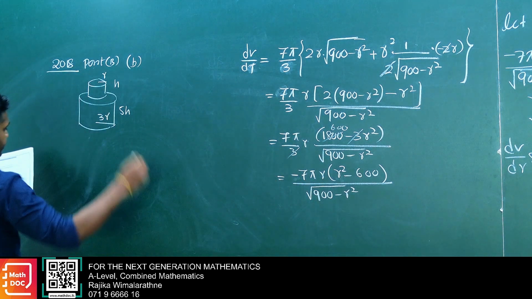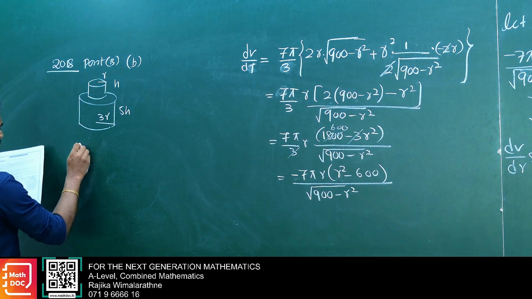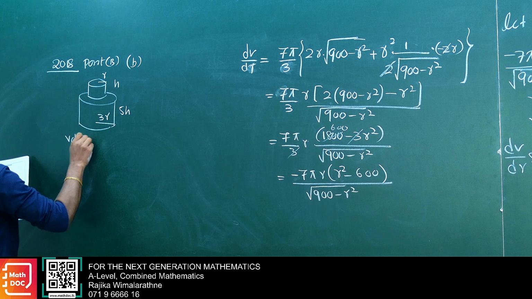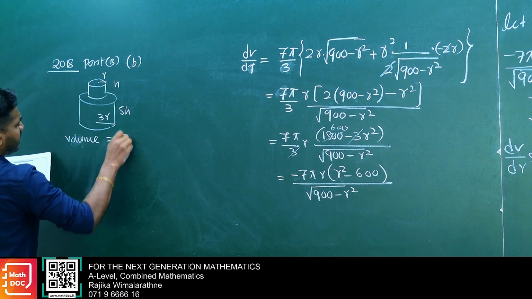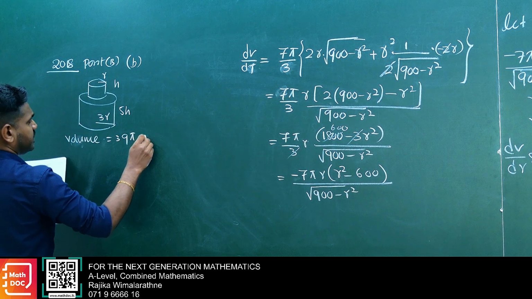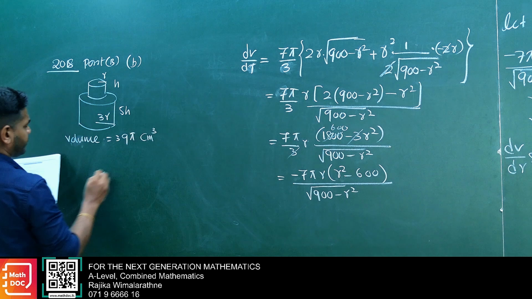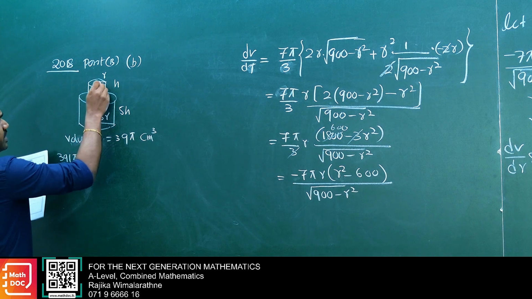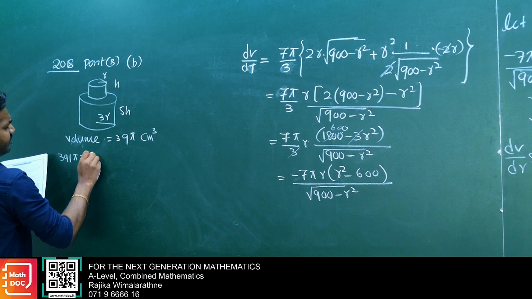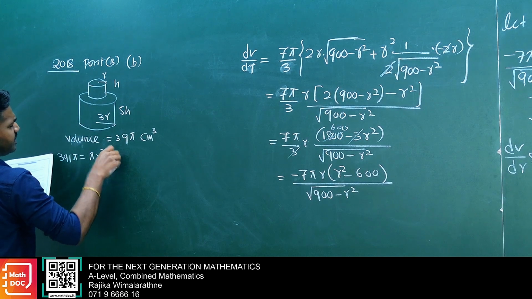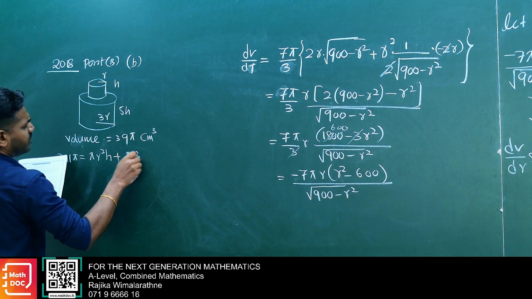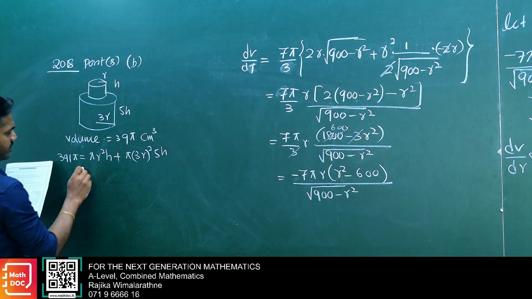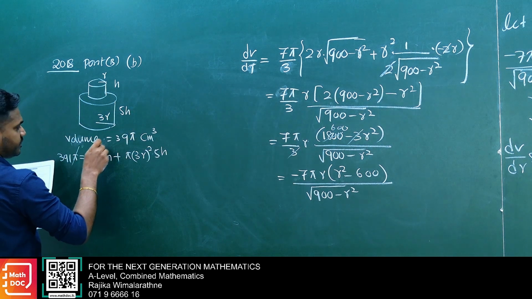Then volume 391 pi cubic centimeters. Then 391 pi equals here pi r squared h plus pi 3r squared into 5h. Cancel pi.